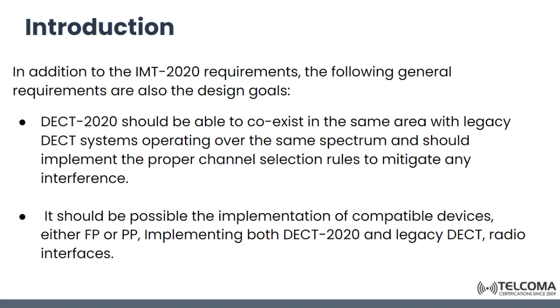Since this 1.9 GHz band is globally available, it also enables utilizing a single radio hardware version everywhere. DECT new radio is completely non-cellular and does not require cellular mobile networks or existing infrastructure like a base station to operate.